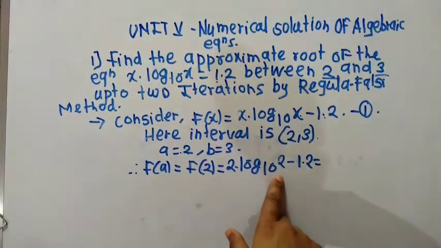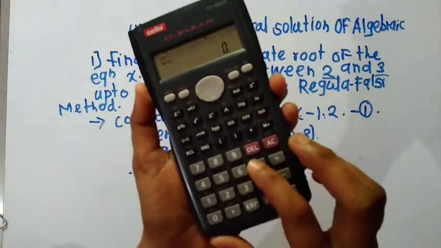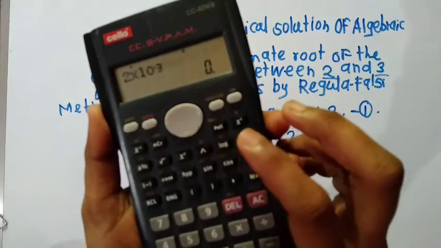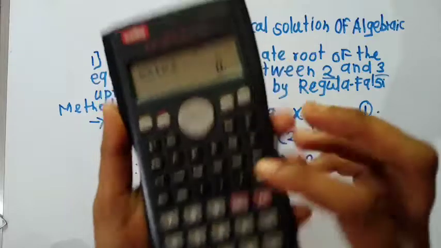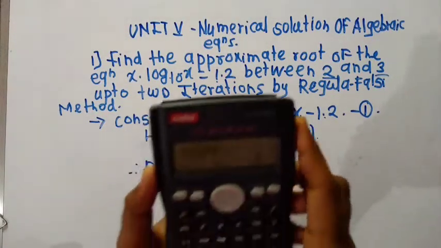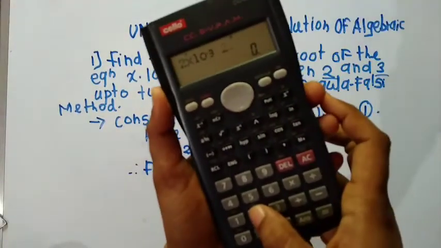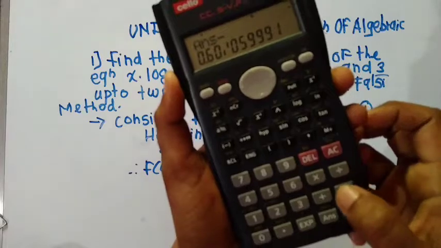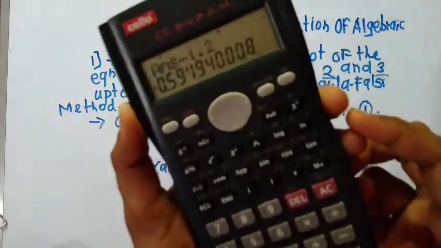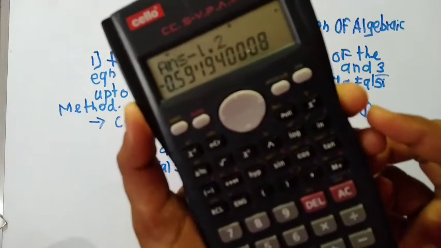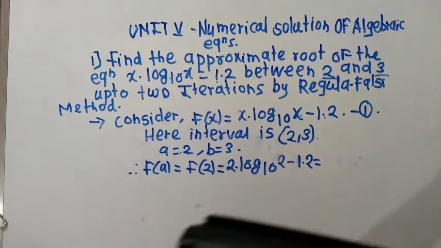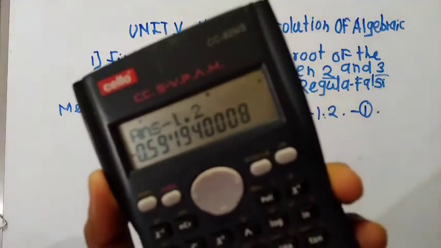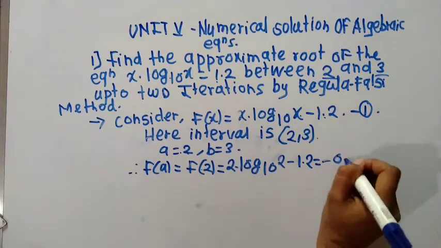So here 2 into log10 2, log symbol, so log 2, minus 1.2, which is equal to minus 0.5979.